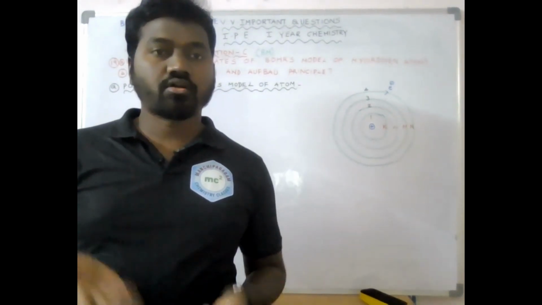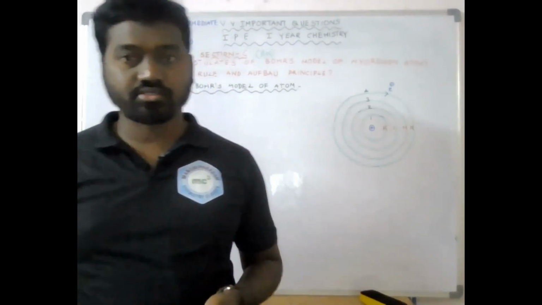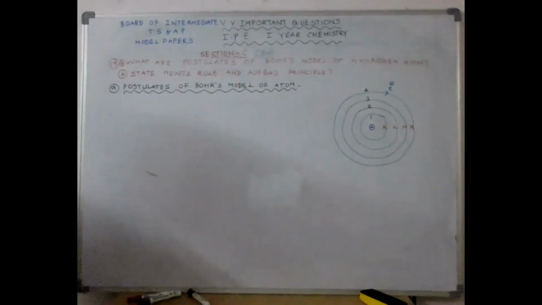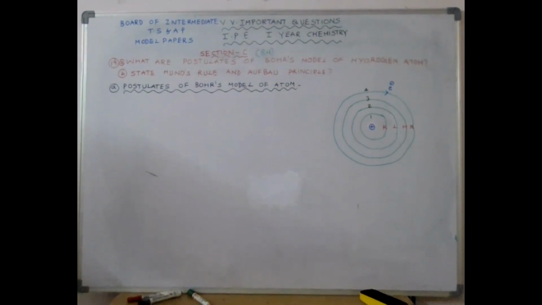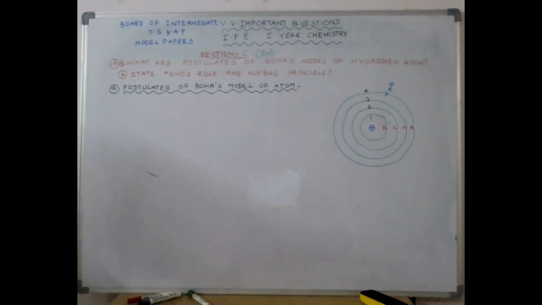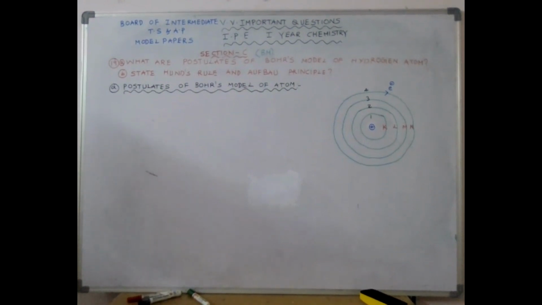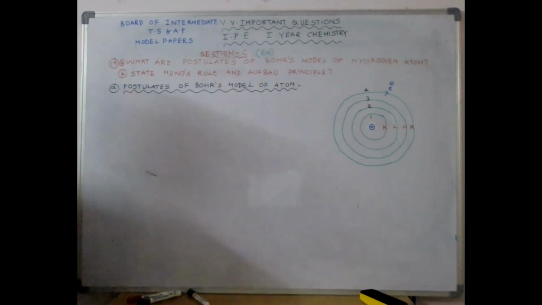Those are called orbits or shells. And those shells are designated or represented as K, L, M, N alphabets or numbers 1, 2, 3, 4. That's our first point.